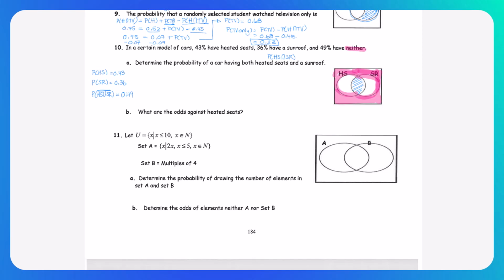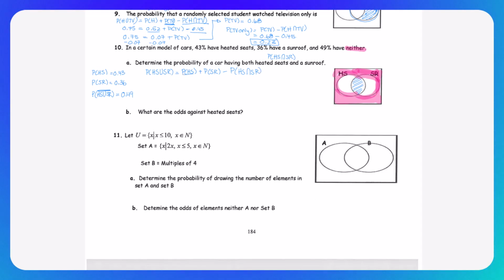And in order to do that, let's go back to our formula. So the probability of HS or SR equals the probability of HS plus the probability of SR, in other words, sunroof, minus the probability of both HS and SR.